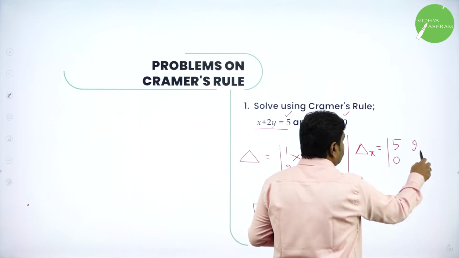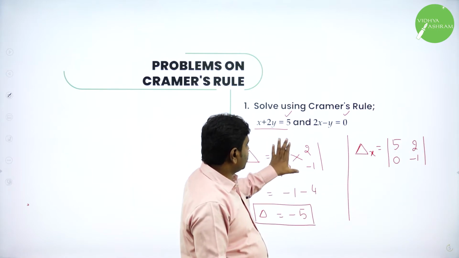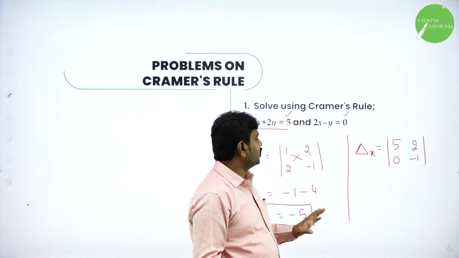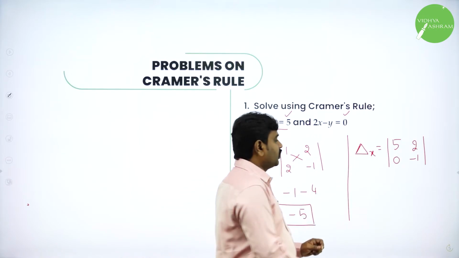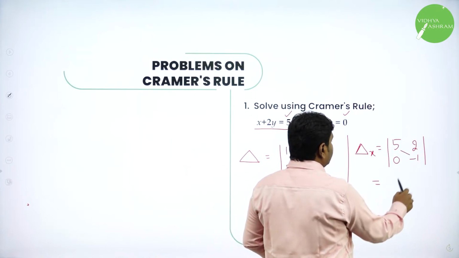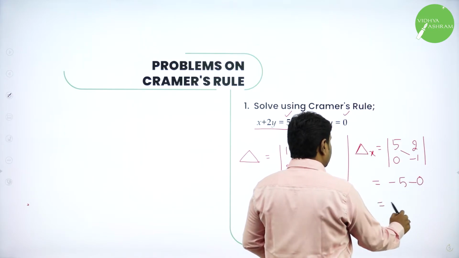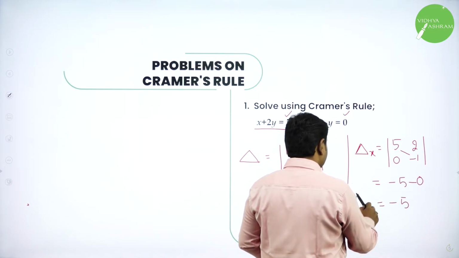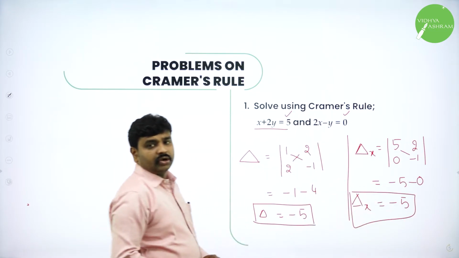So delta x is obtained by replacing the first column by constants 5, 0 and retaining the second column. Now you know how to expand this 2 cross 2. 5 into minus 1 is minus 5 minus 0. So delta x is also minus 5. Now you got delta x value. I hope all of you understood.